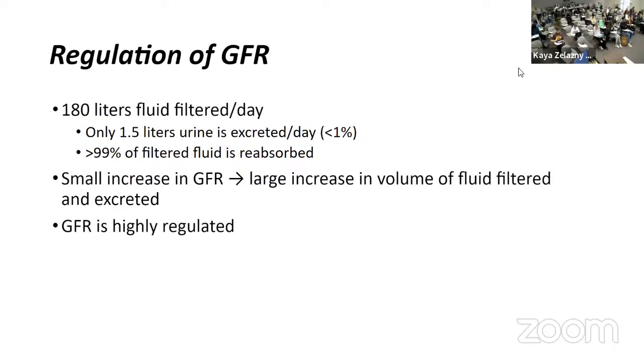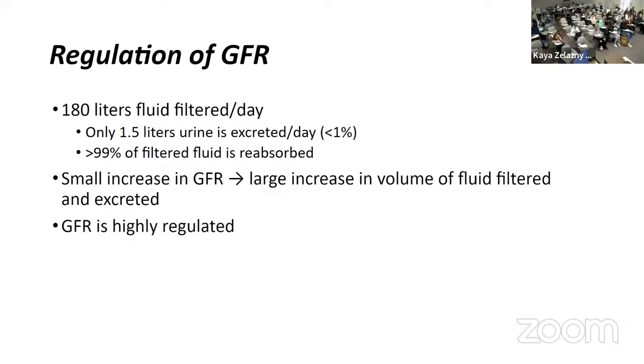So we do regulate our filtration rate. We have 180 liters of fluid getting filtered every day, but you are not peeing out 180 liters per day. I don't know if you could drink that fast if you wanted to, right? You're only going to excrete about 1.5 liters of urine per day.